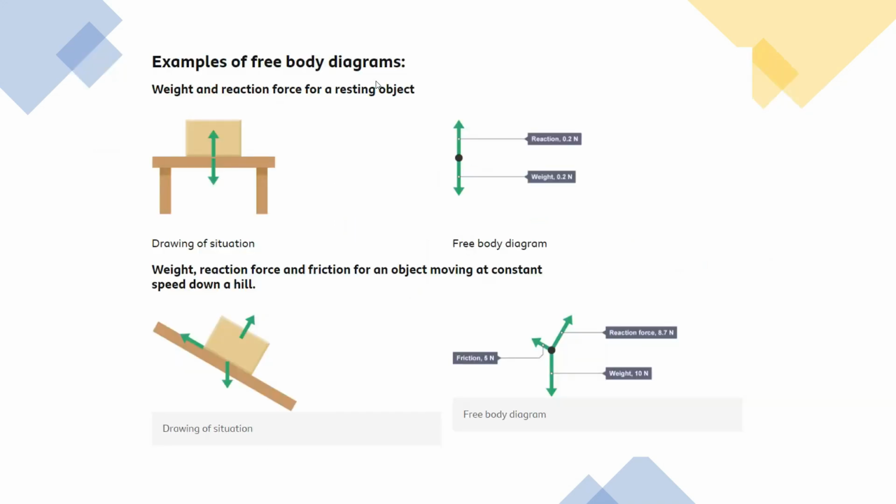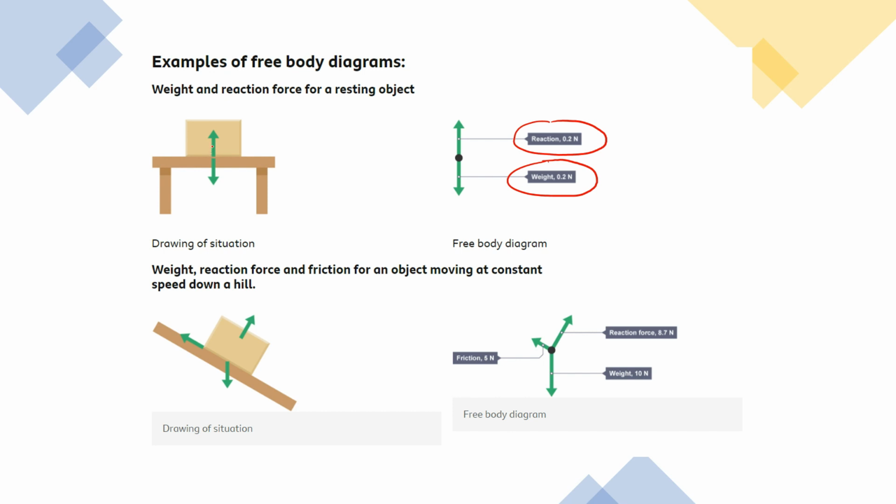Now let's see some examples of a free body diagram. As you can see, the box is lying on a table, so there will be a force acting upward. Since these are balancing each other, the weight of 0.2 Newtons acting downward and the reaction force of 0.2 Newtons acting upward, and since they are equal to each other, that is the reason why the book is currently stationary.